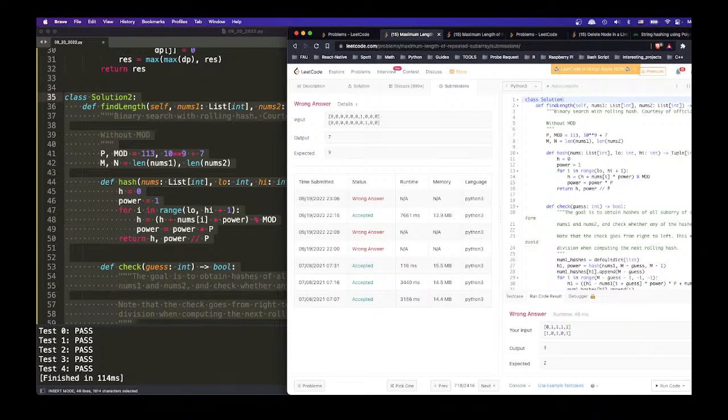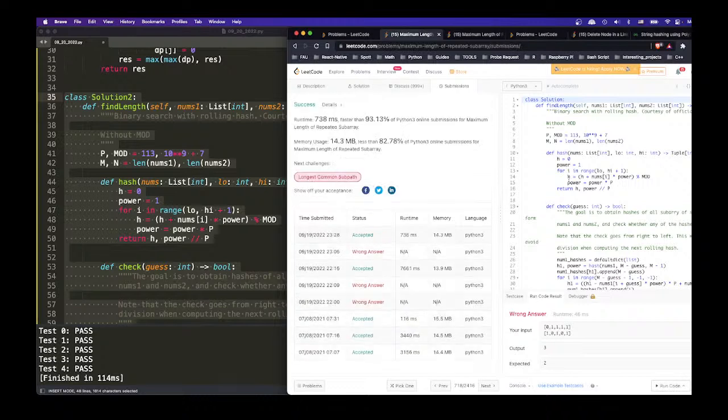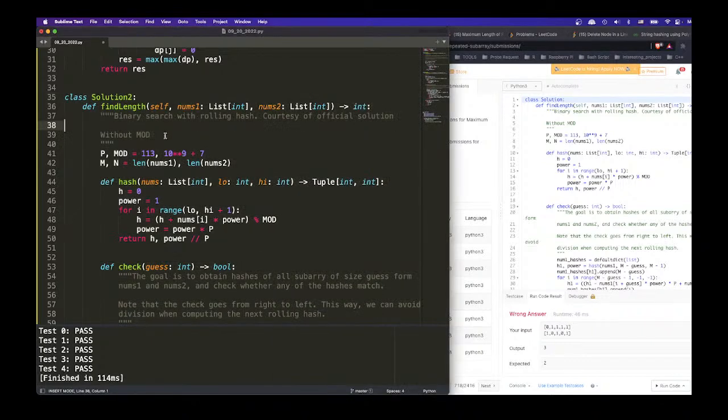Come on. Show me something. Holy crap. Oh wow. Rolling hash is super duper fast. No, it is with mod.